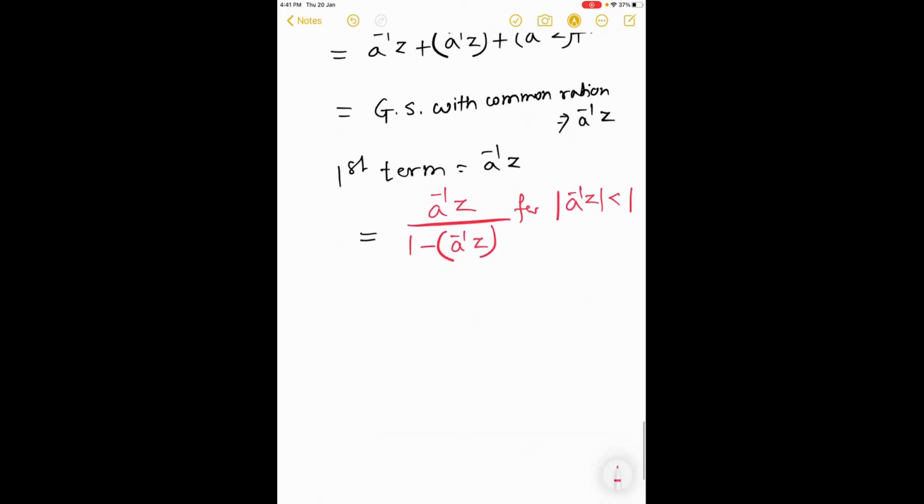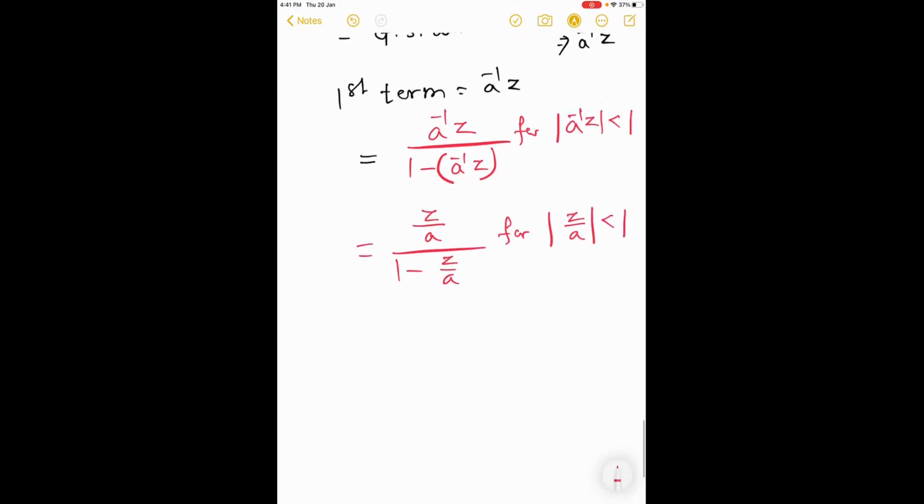And therefore, if you simplify, this is z upon a numerator divided by 1 minus z upon a for mod of z upon a less than 1. And that means, if you simplify, a and a get cancelled and you will be getting z upon a minus z for modulus of z less than mod a. Am I right?